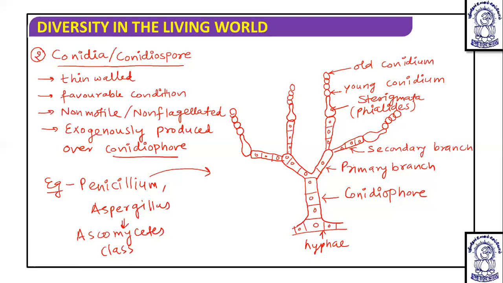So when we see the young conidium at the base and the old conidium at the tip side, this is known as the basipetal arrangement of conidia.